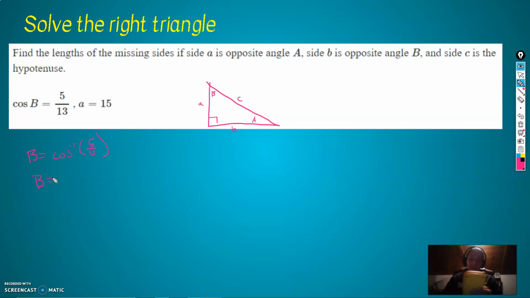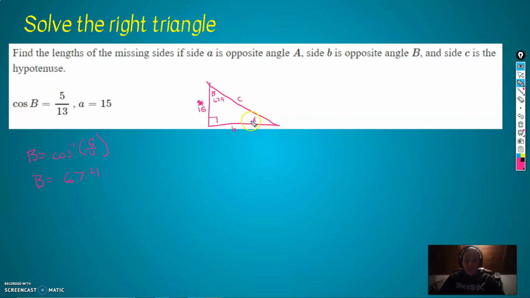Well, that is 67.4. So B is 67.4. Oh, and we're actually even given side a, which is 15.